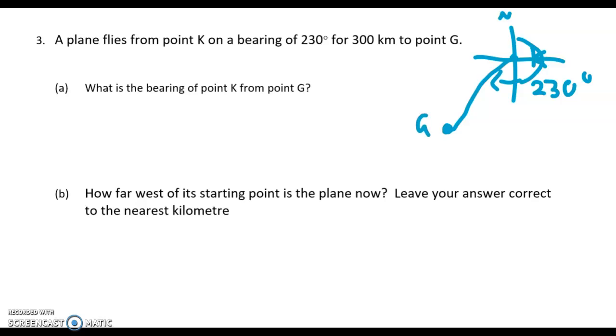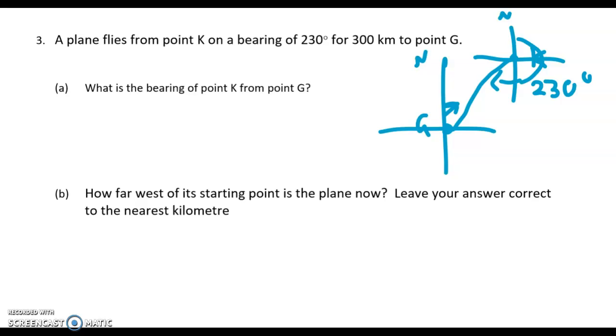And so the first question asks, what is the bearing of point K from point G? So we actually want the bearing of point K from G. So we're actually looking back from here. And so if we draw our north there, what angle is it back towards K?